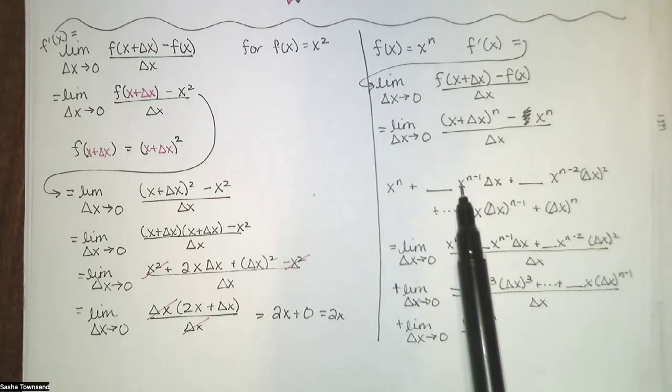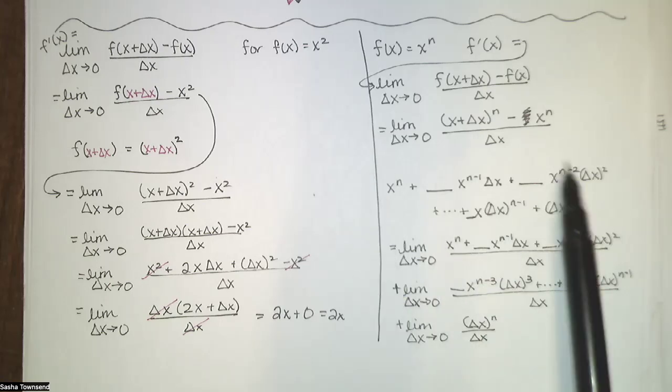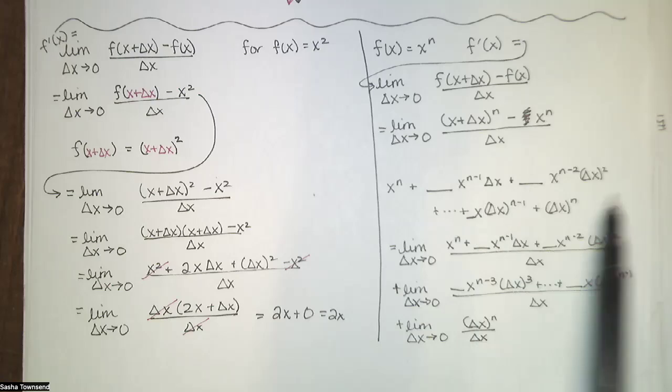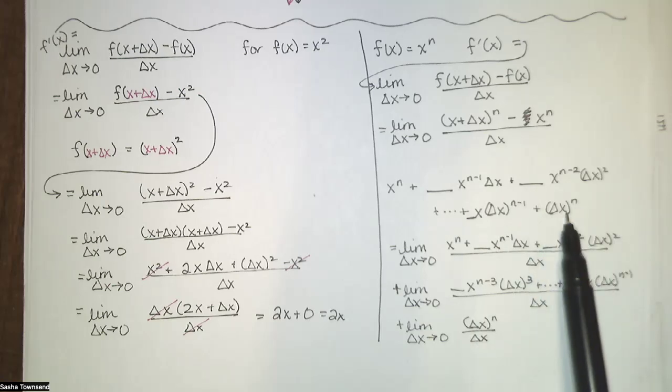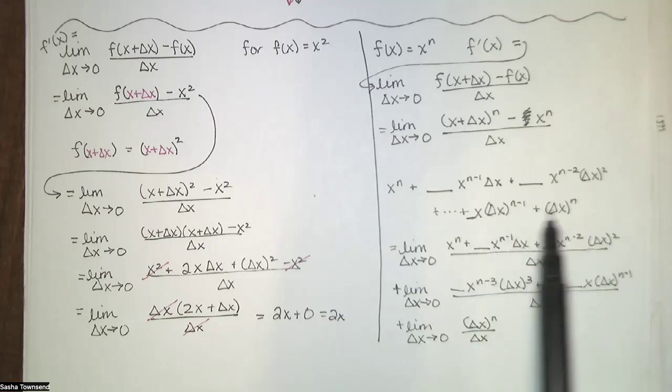We've got x to the n, x to the n minus 1, x to the n minus 2. All the powers of x reduce as you go from left to right in each term of this binomial expansion. And the powers of delta x actually decrease as you go from right to left.